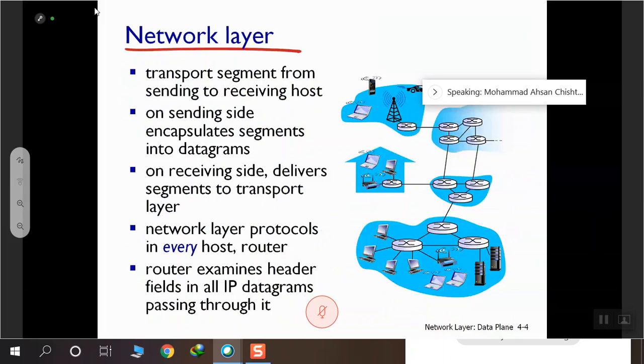You can see here, the network layer marked in red is present in the two end systems. Virtually, you can say that we have a link between this network layer and this network layer.